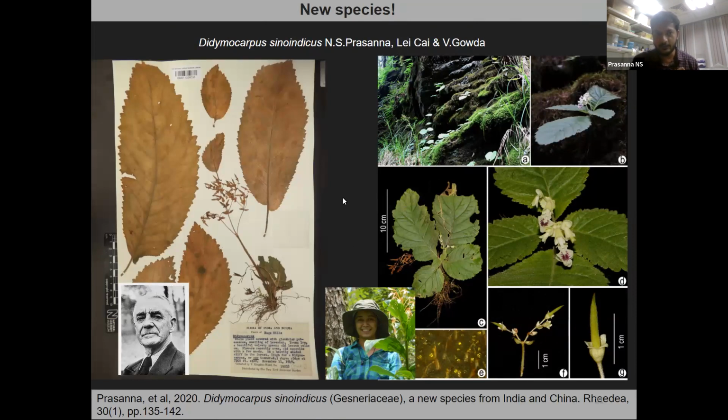For example, this one, which we named Didymocarpus cynoindicus, was first collected by Kingdon Ward, but that specimen did not have any flowers, so he had not described it as a species. My colleague Preeti collected fresh specimens from the same type locality, and we were able to describe it as a new species.